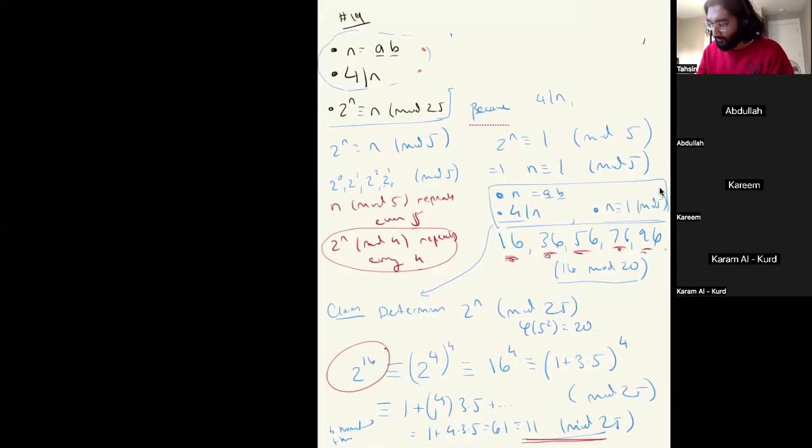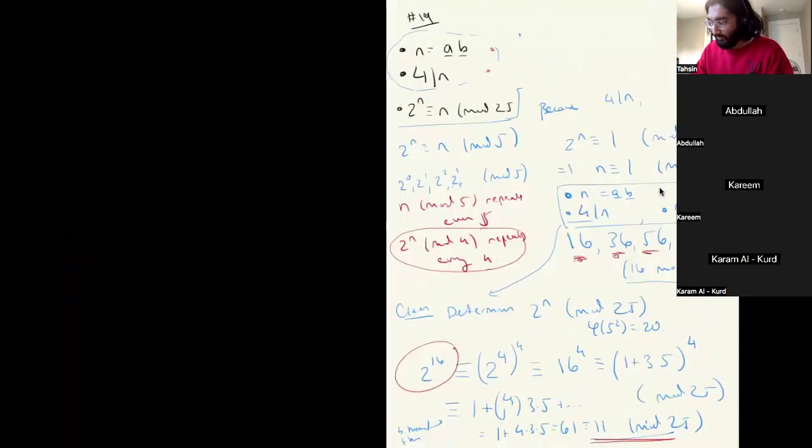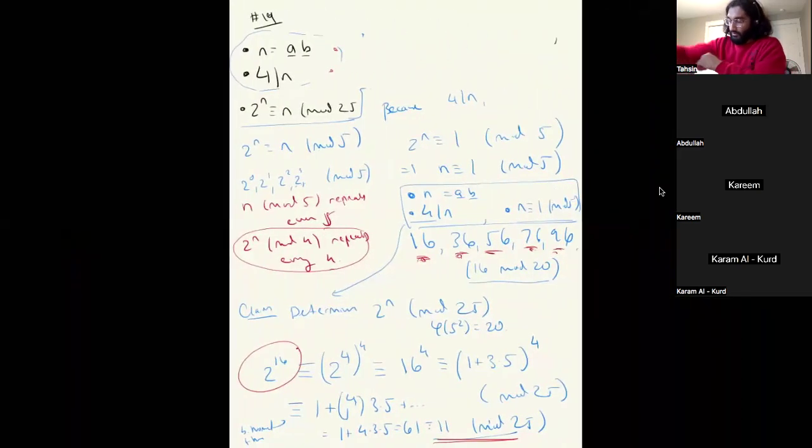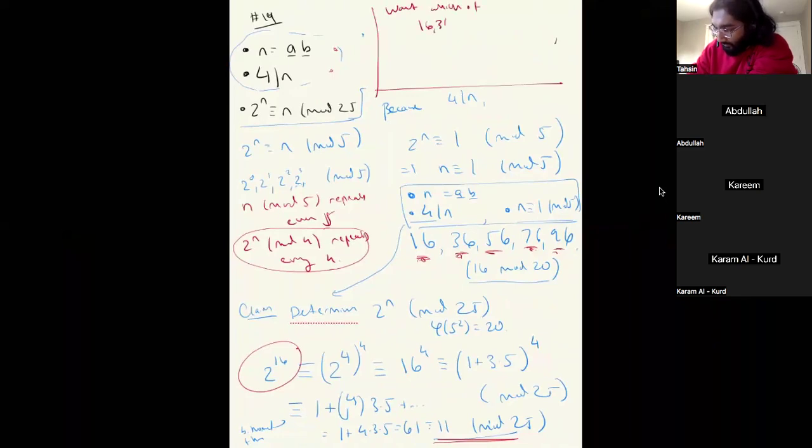We did this calculation, and now we want to know which of 16, 36, 56, 76, 96 is 11 mod 25. The point is, they're already 1 mod 5, so exactly one of them will.